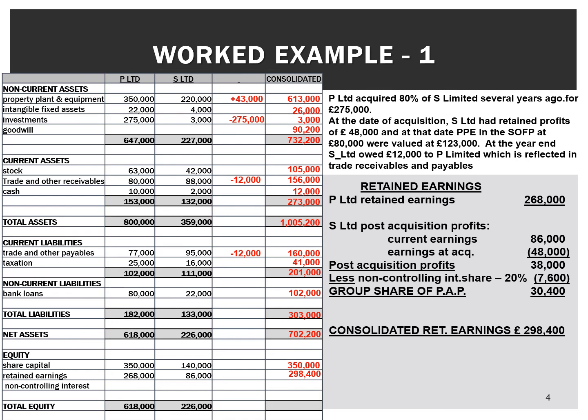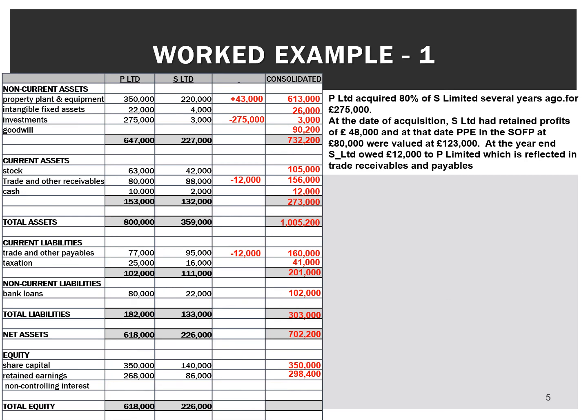And it's maybe because of that tendency to just put in a balancing figure that AAT are now tending to ask for calculations of individual figures from the consolidated statement rather than the preparation of the whole thing.